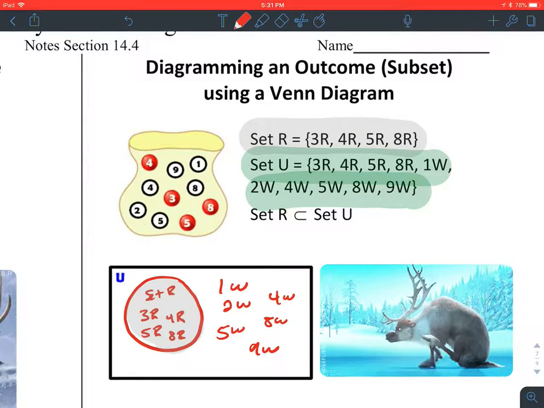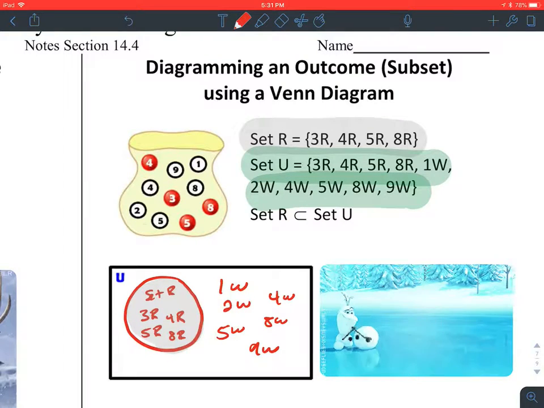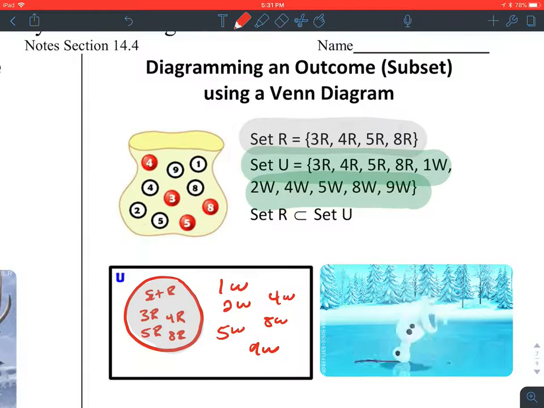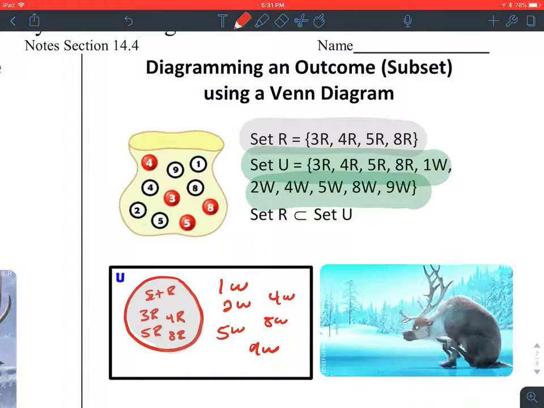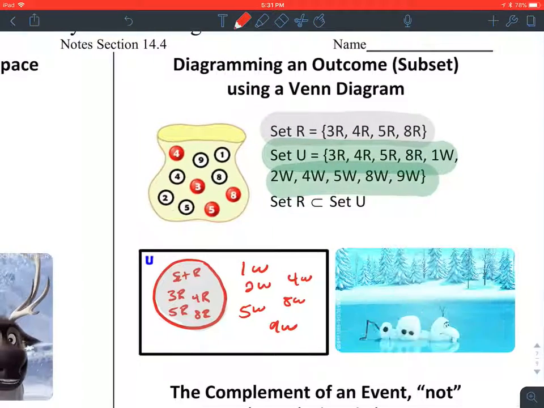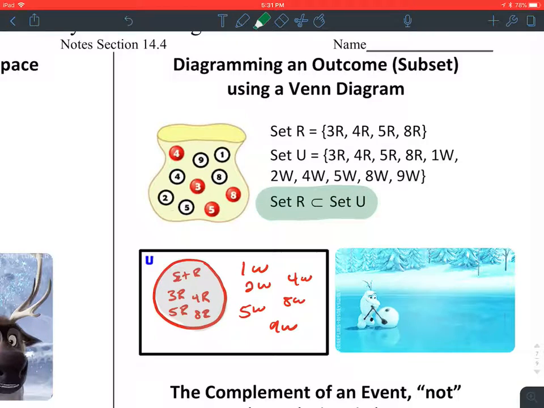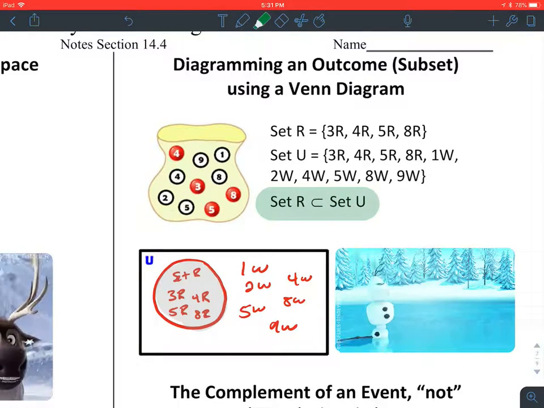As the information is presented to us, all the W elements is not its own set. It wasn't defined as being so. It's part of the universal set, but it's not part of the subset R. Notice that it says set R is a subset of the universal set. So everything that's in R is in the universal set.